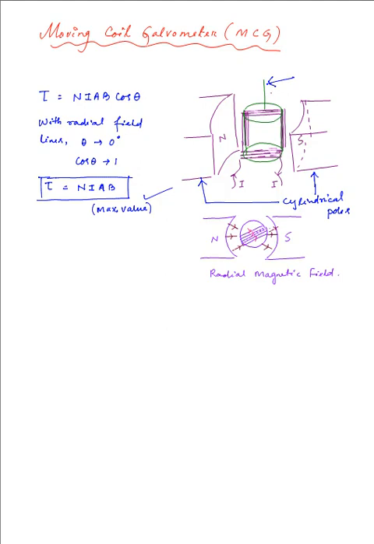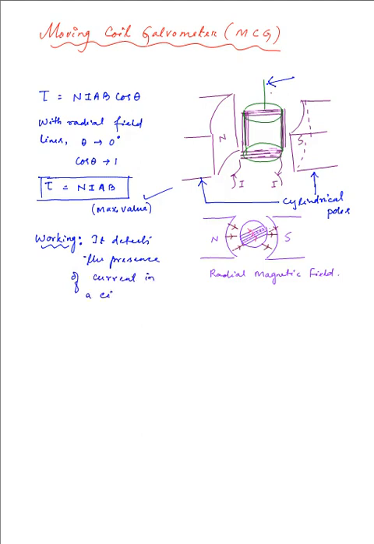Now we have to get back to the working of the galvanometer. So what does the galvanometer do? Simply, the work of the galvanometer is that it detects the presence of current in a circuit.